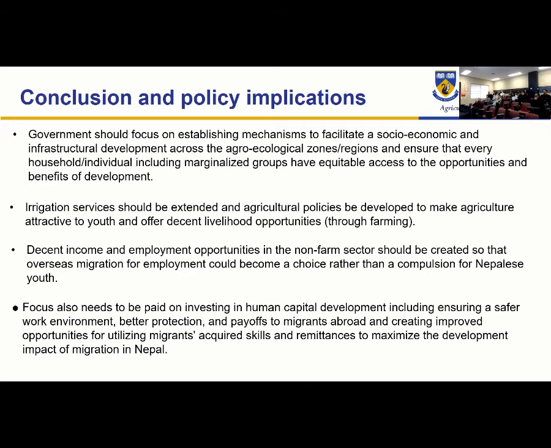So if the government facilitates equal or some sort of balanced development activities across the regions, then that might affect the migration process, right? So likewise, in terms of ethnicity, those people from the marginalized groups are more likely to migrate overseas compared to the higher caste or non-marginalized groups.